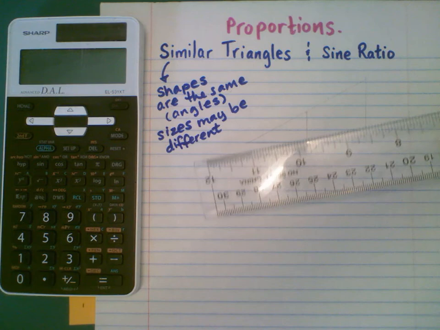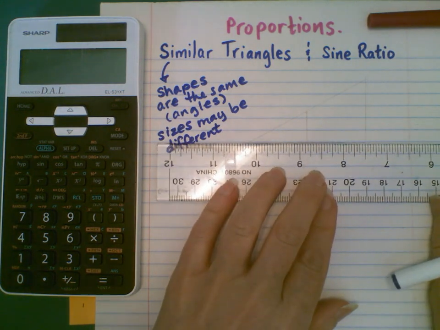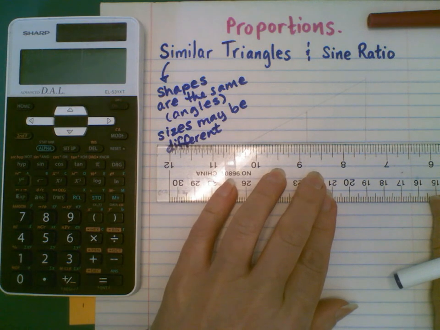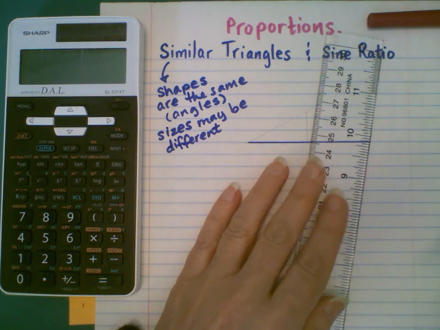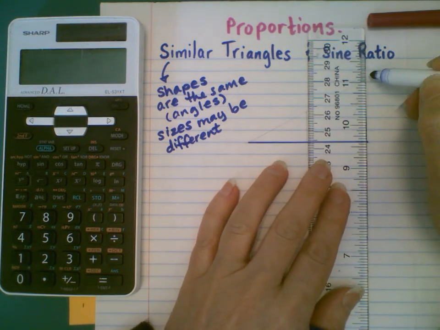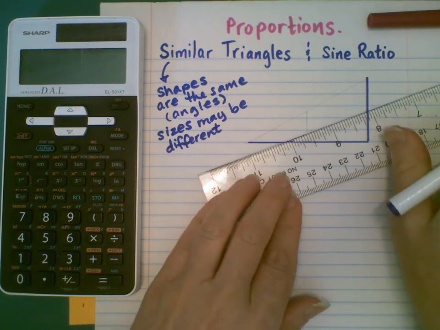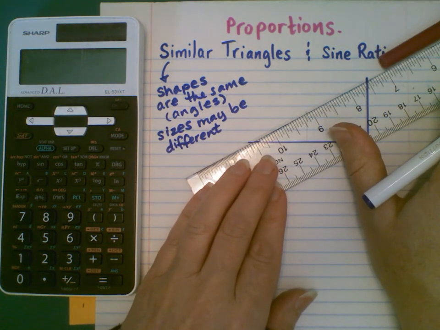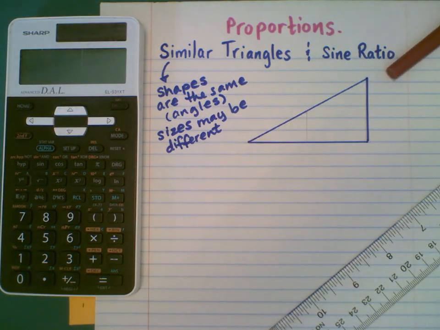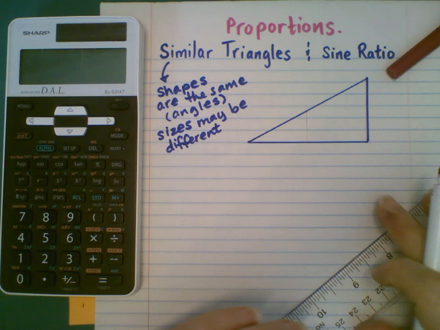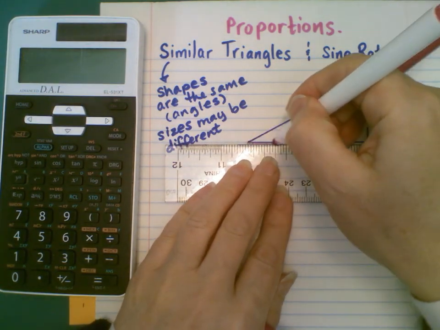All right, so I'm going to make two right triangles that are similar. And the way that I'm going to make sure that they're similar is I'm going to draw them one on top of the other. So my first right triangle is right there. And the second one is going to be, you can imagine, overlapping.